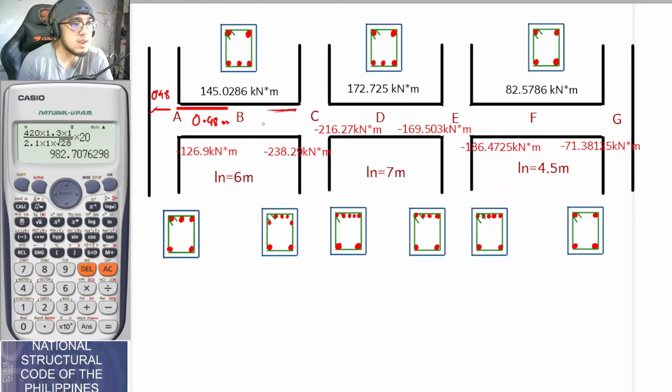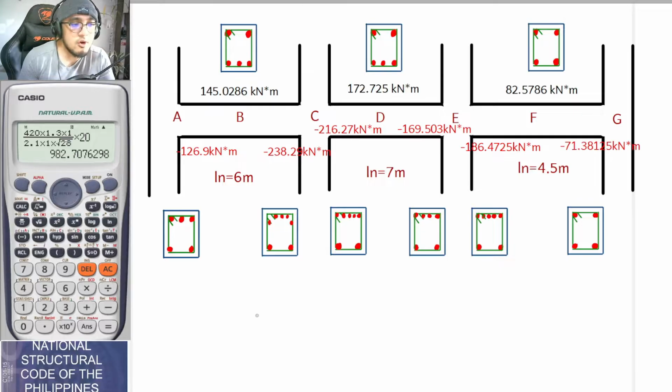So 0.98 meters as per the minimum provision. But the question is, is it already adequate? Is the minimum already adequate in our structure here? So we will now be checking.